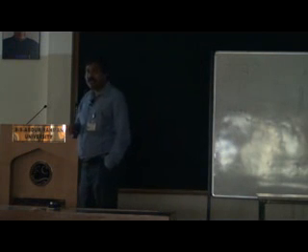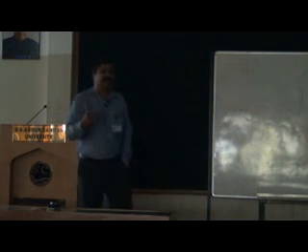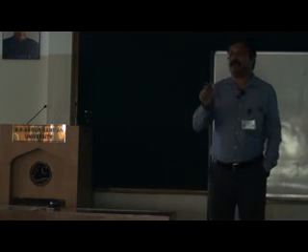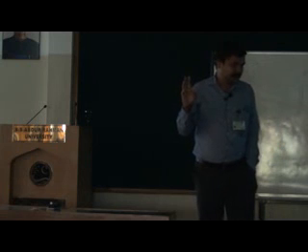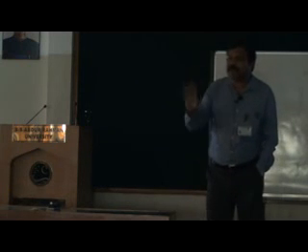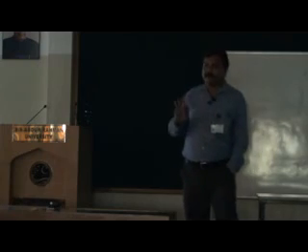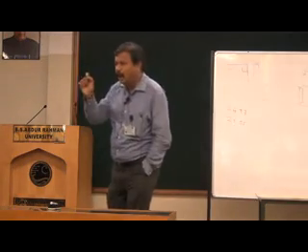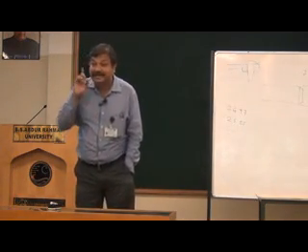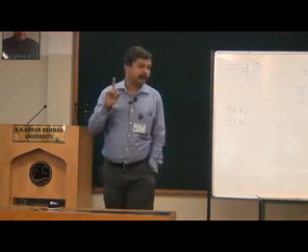Now the challenge in design for assembly is my part must facilitate automatic assembly. Please believe me, the most difficult thing to automate is assembly. The most difficult thing to do by automation is assembling parts together.